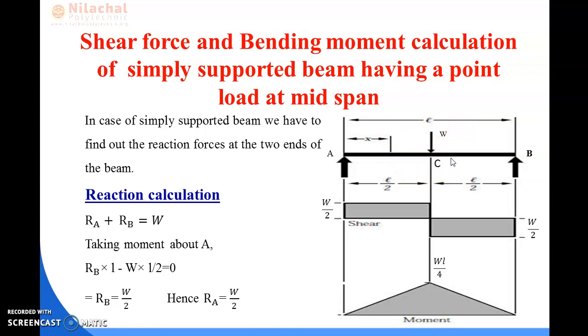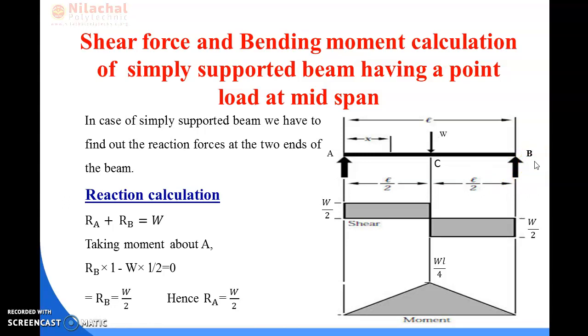So we have to calculate the moment for this reaction and this point load about point A. First, we calculate the reaction at B. The moment for this reaction will be load into distance.